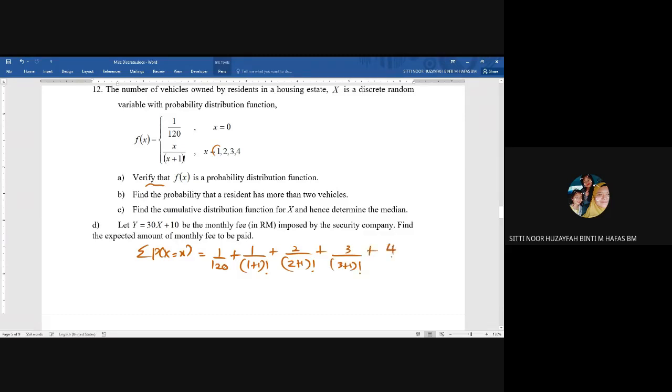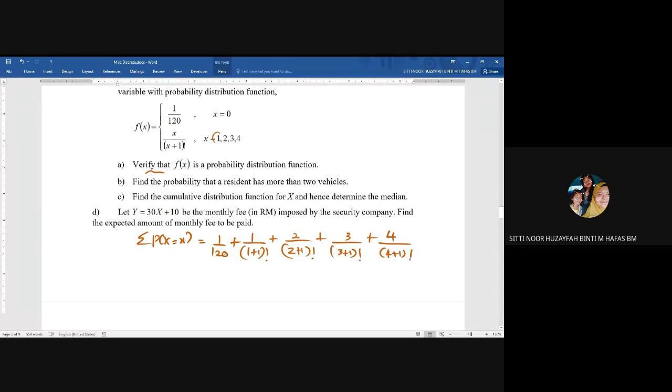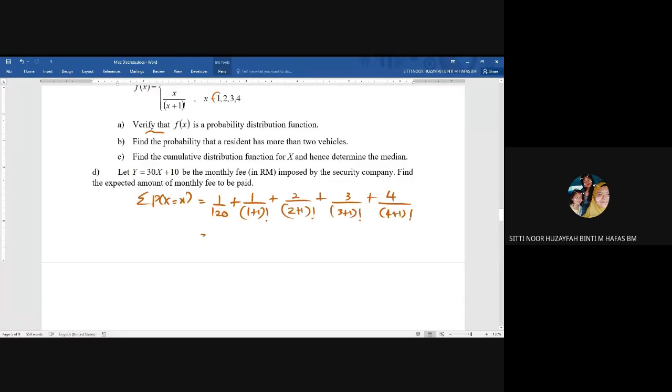And the last one will be 4 over (4 plus 1) factorial. So you have to use factorial in your calculation. So it will be 1 over 120 plus 1 over 2 plus 2 over 3 factorial, which is 6, plus 3 over 4 factorial, which is 24, 6 multiplied by 4 is 24. And lastly, 4 over 5 factorial is 24 multiplied by 5, 120.